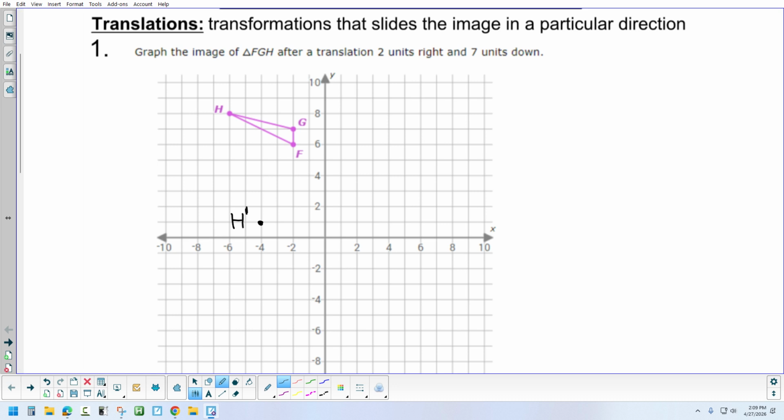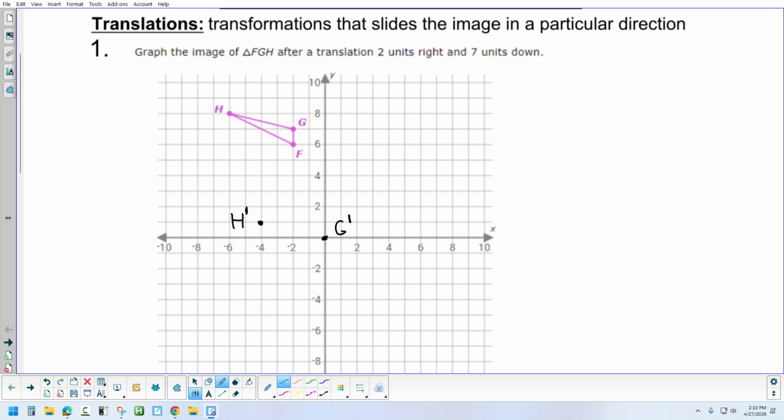So we're going to take G and do what first? Go 7 units down. 1, 2, 3, 4, 5, 6, 7. And then what? 2 units to the right. So it should end up right there. And that's the new version of G, so we'll call it G prime.